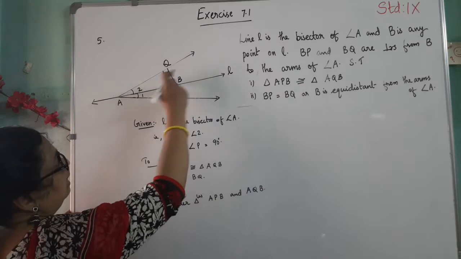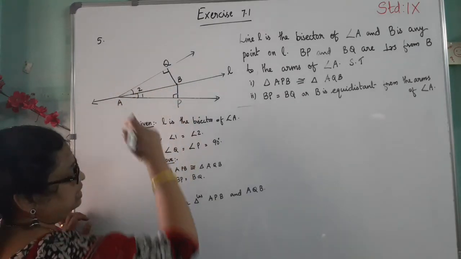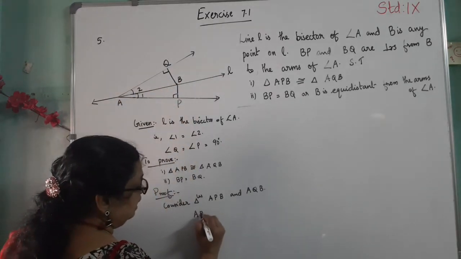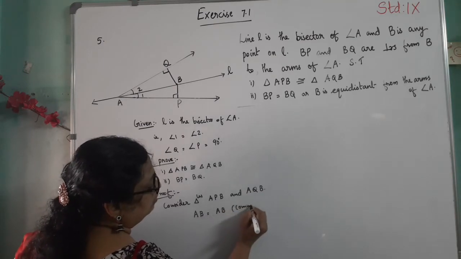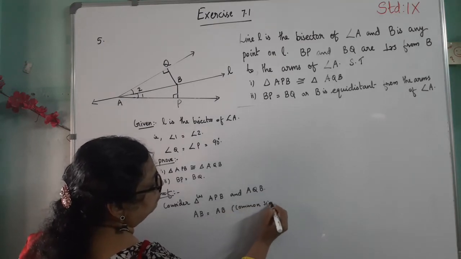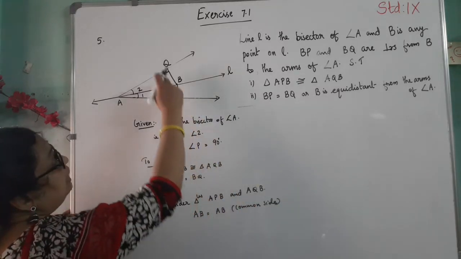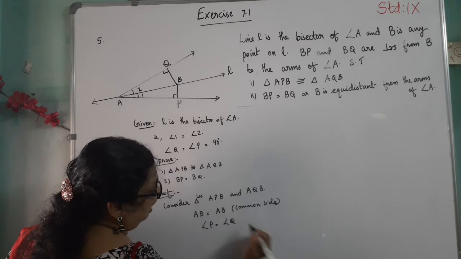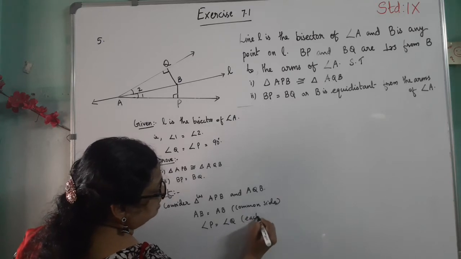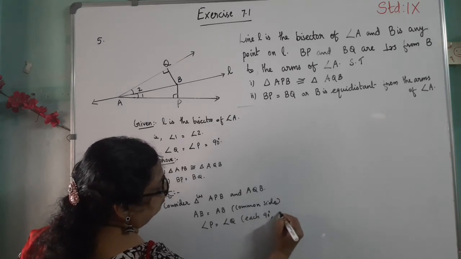In triangle APB and this triangle, AB is common. So we can write AB equal to AB, it is the common side. Then angle P equal to angle Q, each 90 degrees, that is given.